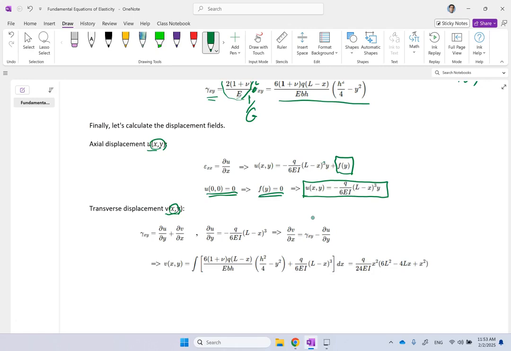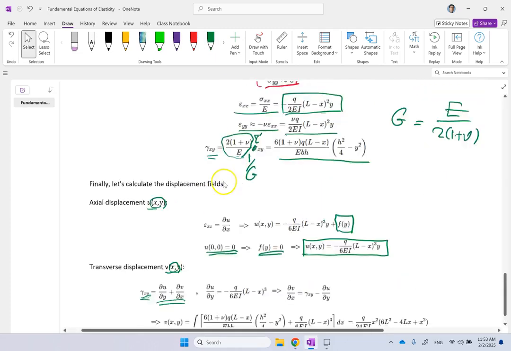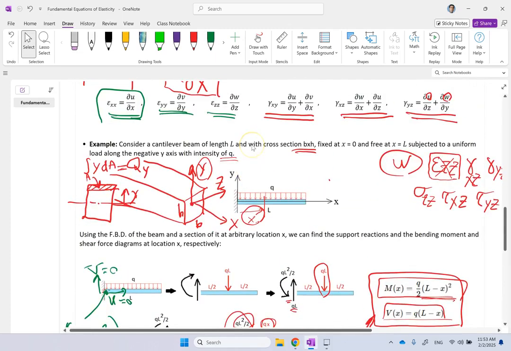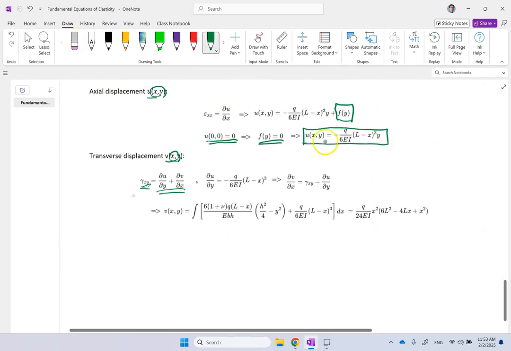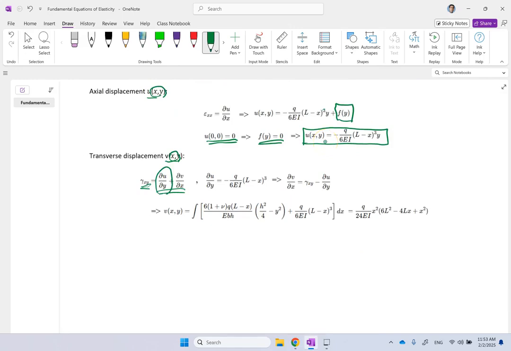Now what? Now you go to the gamma xy. Gamma xy is this function. So now we are going to go up here and use this formula. The first term, partial of u with respect to y, well, we just found it. We take a partial of that with respect to y. We get this.